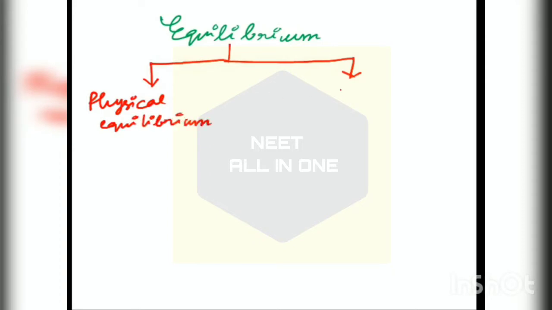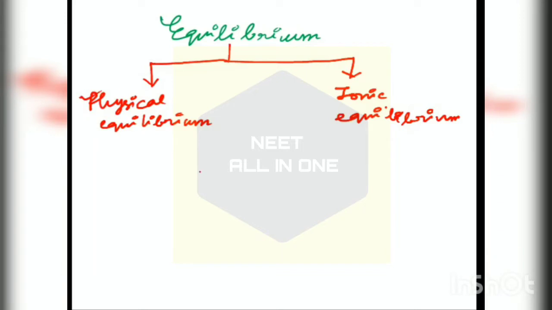Second is our ionic equilibrium. Now we are gonna first discuss about physical equilibrium.